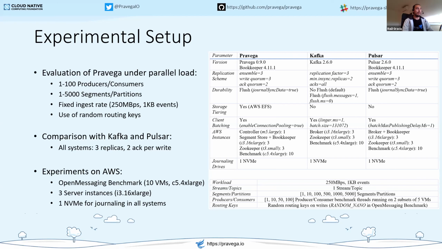We did the experiments on Amazon, so to emulate this kind of highly parallel workloads, we used 10 VMs for running OpenMessaging Benchmark, which is the tool that we use to execute our experiments. We had in all cases 3 server instances, and in all cases as well, we use a single NVMe drive for journaling.